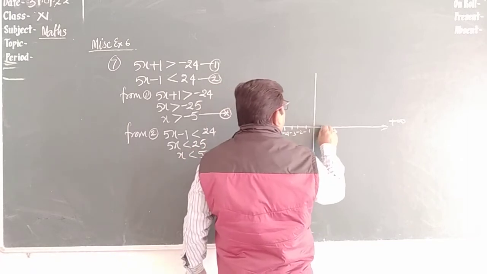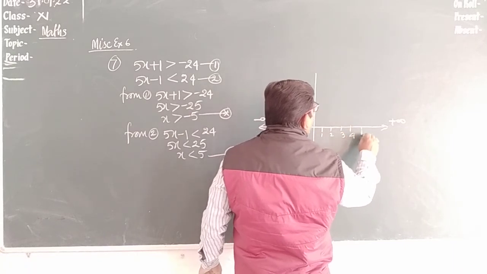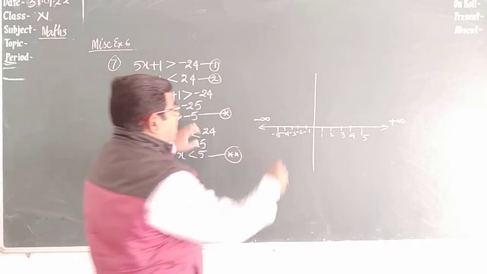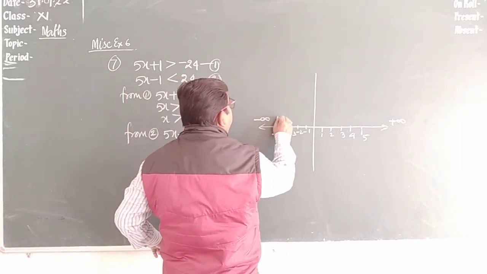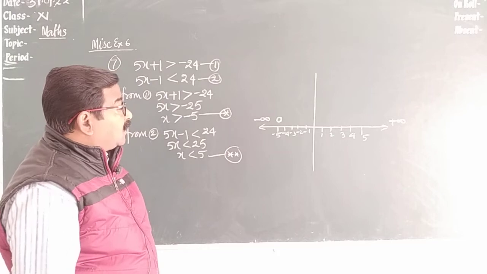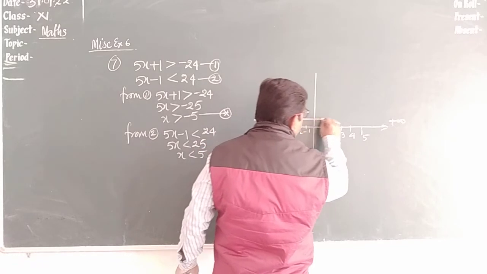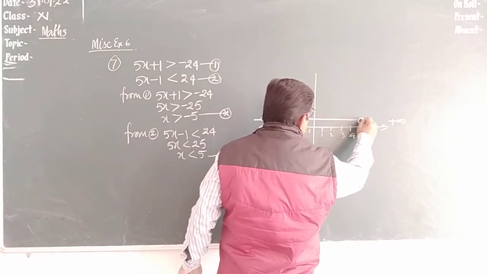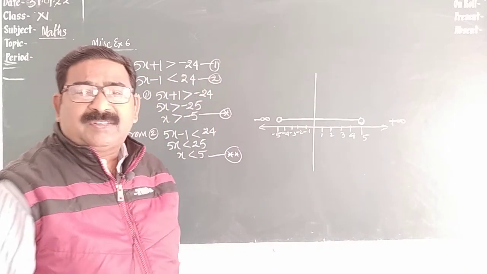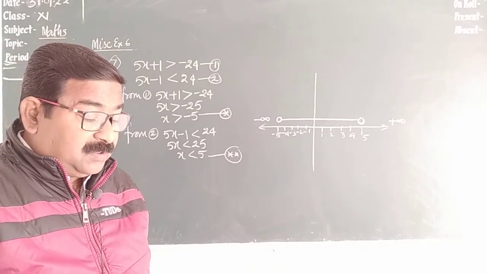Here we have 1, 2, 3, 4 and 5. The number is more than minus 5. Here you can see an open circle, as I told in the beginning. When we have strict inequality, the circle is open, and it goes to 5. So this is the graphical representation of the inequality. This is how we can plot the graph.